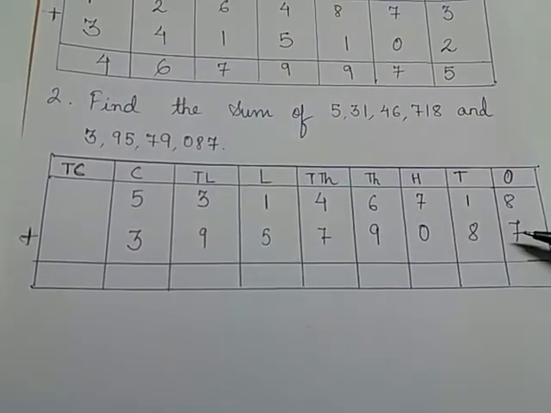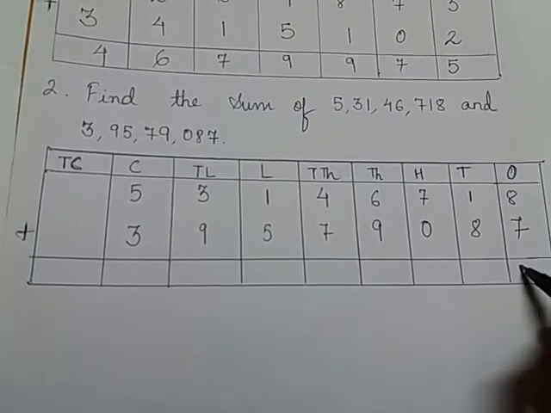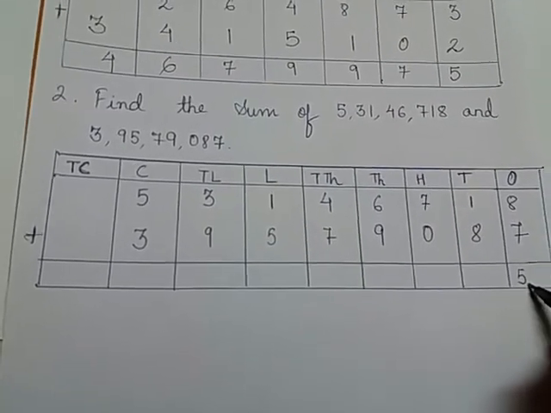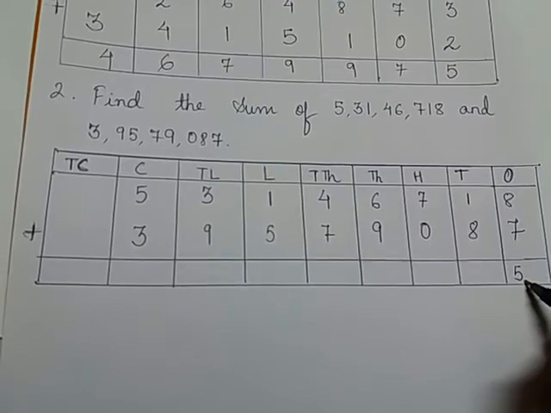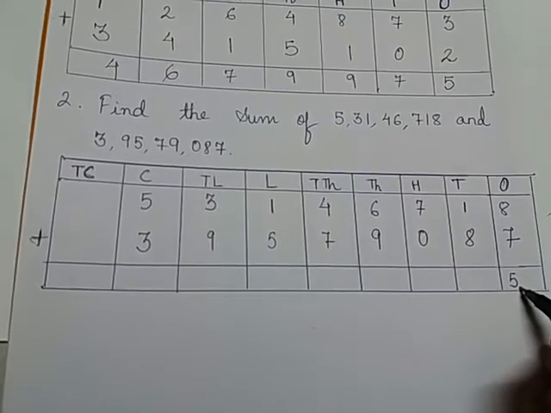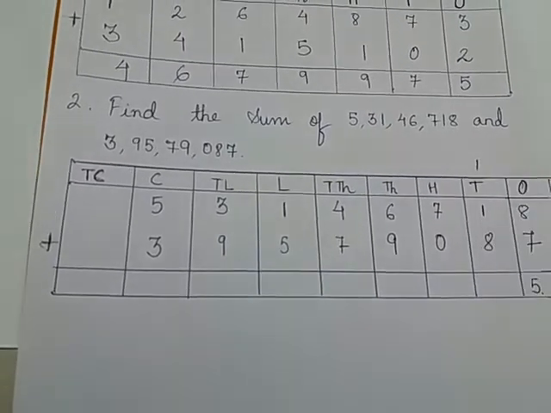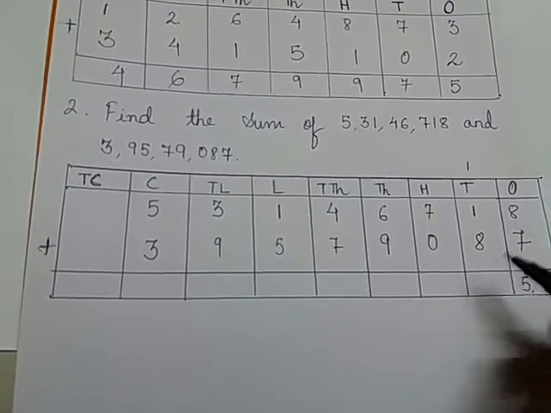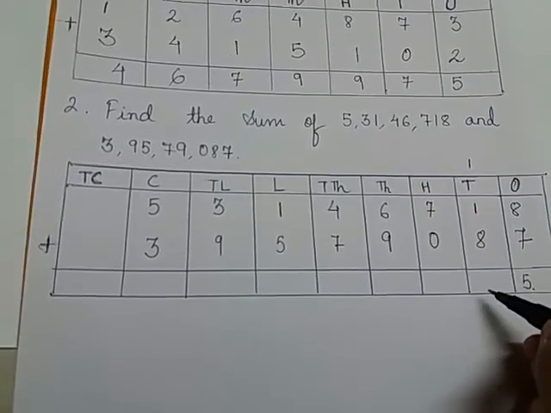8 plus 7 is 15. 5 we will write here. As we know, under these places only one digit at a time we can write. Okay, so 5 will be here. 1 we take over as a carry on. 8 plus 1 is 9 plus 1 is 10. Again we are getting 2-digit numbers here.